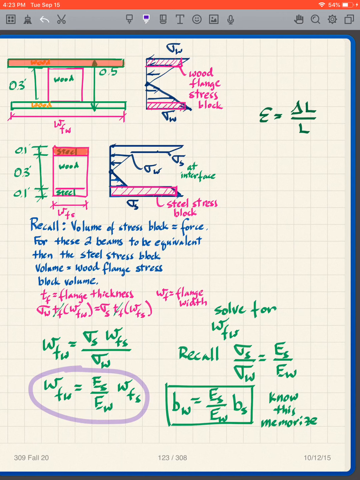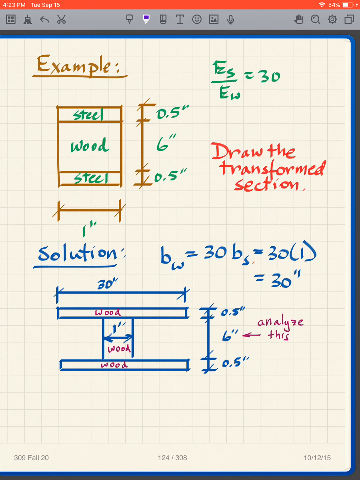So to put this in B's, because we've been using B's rather than small w's, BW is equal to ES over EW times BS. And it's quite straightforward. It's all about this ratio of the stiffnesses, ES over EW. So I want you to know this and memorize this. It's quite simple. We just take the width of the steel and multiply it by the ratio, and we're done. Very easy.